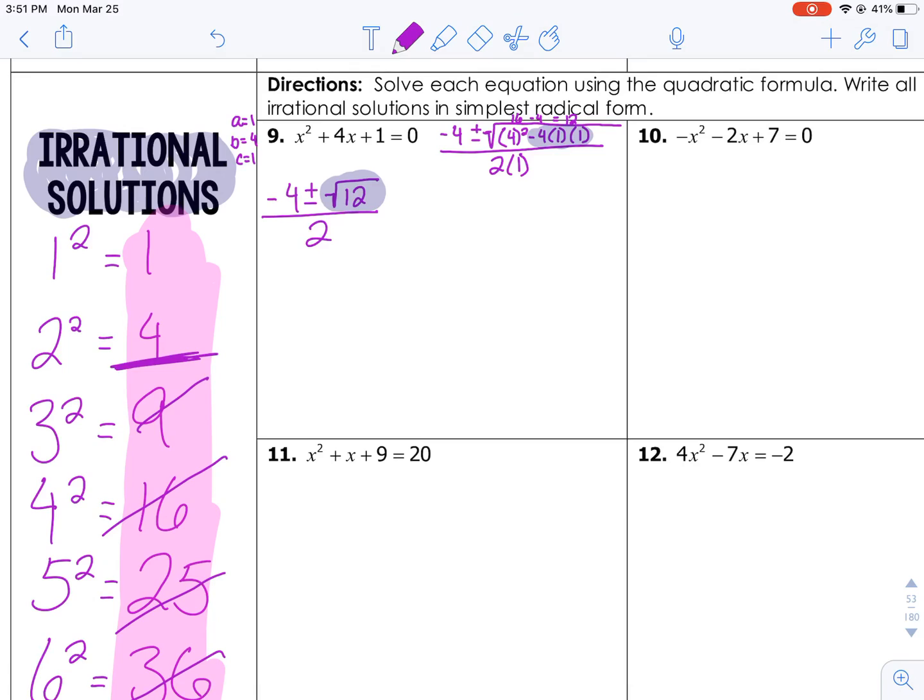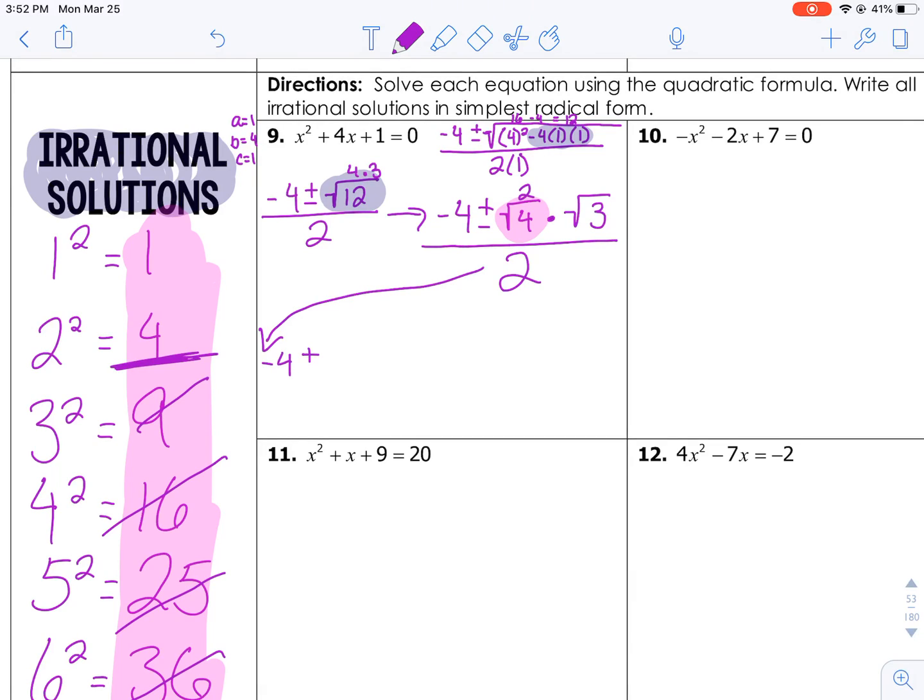I could say that the square root of 12 is the same thing as 4 times 3. So I could transform that into negative 4 plus or minus the square root of 4 times the square root of 3 all over 2. And now that I have it broken down, I can say that the square root of 4 is 2.